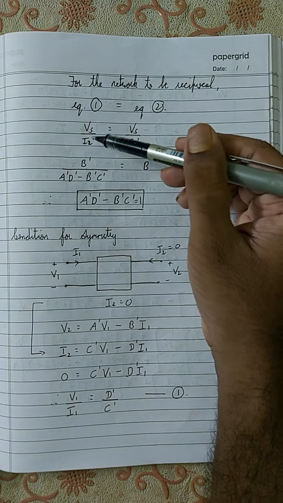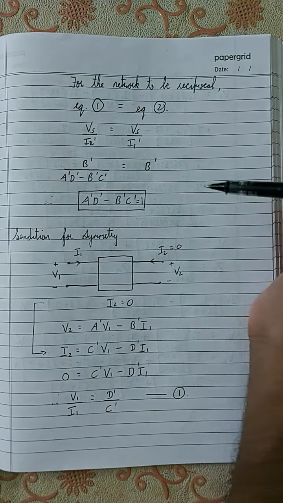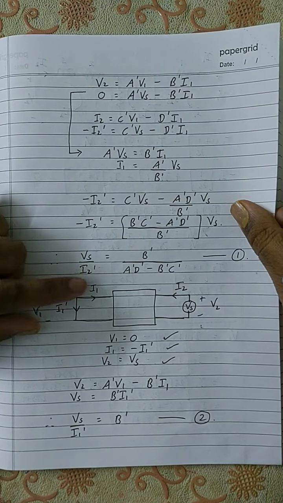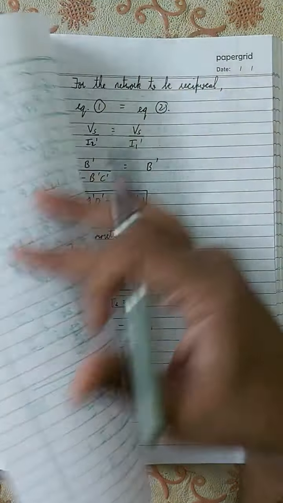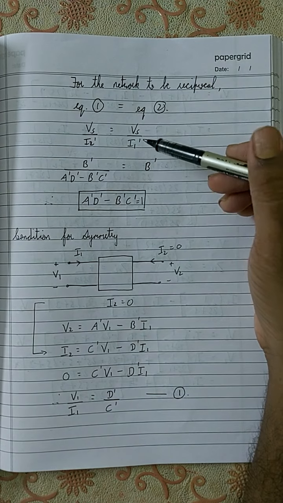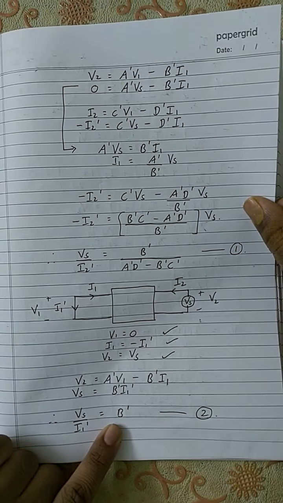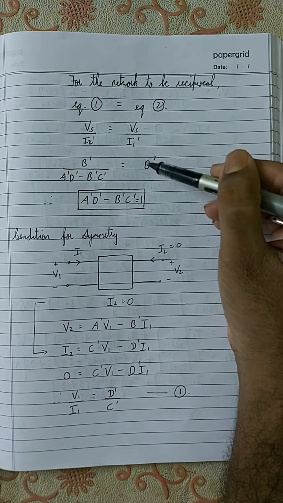What we do is we simply substitute the value of the ratio. Already we found in one circuit that Vs by I2 dash is equal to this one, so I substitute that over here, and for another circuit I found that Vs by I1 dash is equal to B dash, so I substitute that over here.